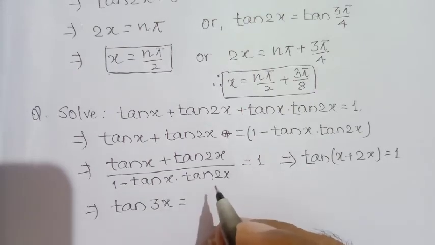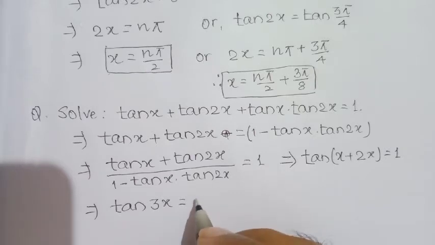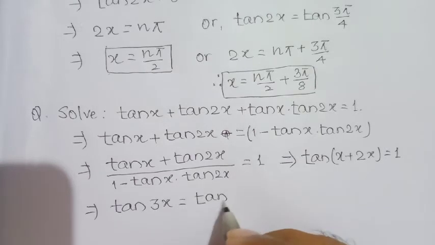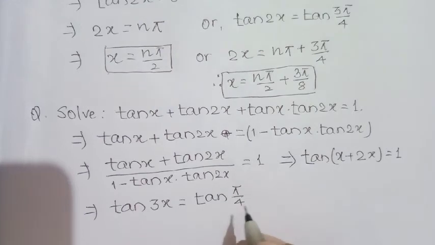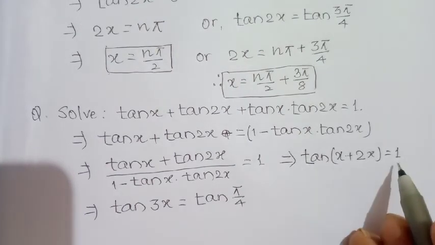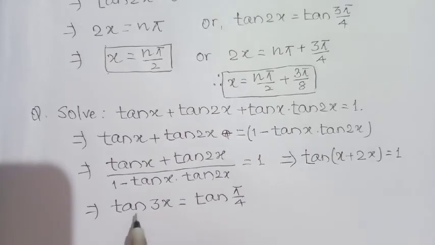1 is the value of tan pi by 4, tan 45 degrees. Now write its general solution.